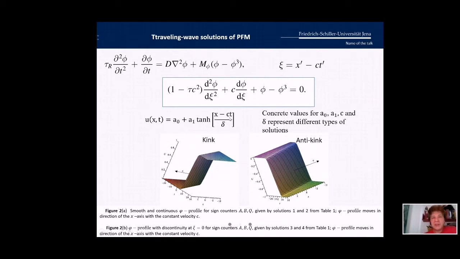C is the characteristic velocity of the motion of this kink, and delta is the thickness between these two phases. This is the thickness or width of the diffuse interface. This equation can be obtained for different cases, for instance, for direct motion or indirect motion, which are called the kink and anti-kink solutions.